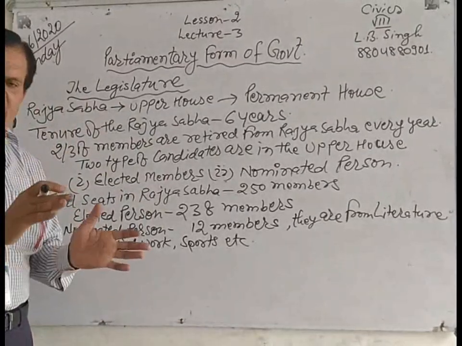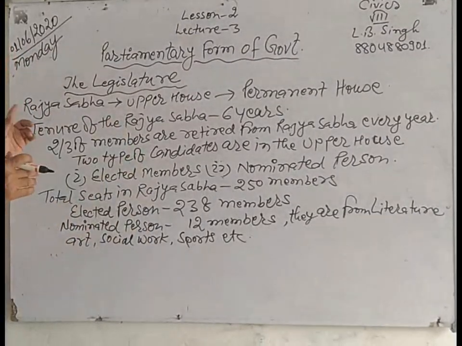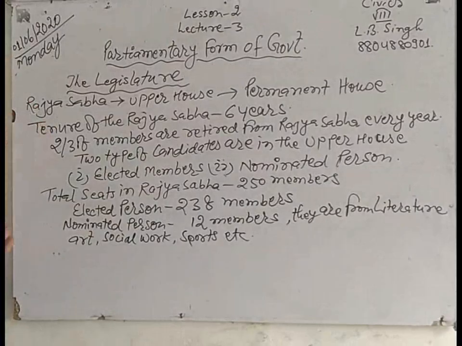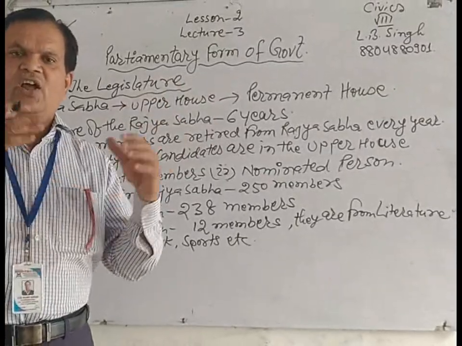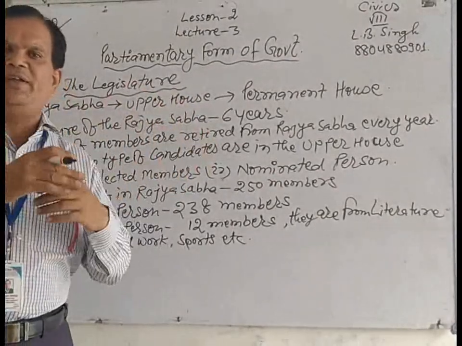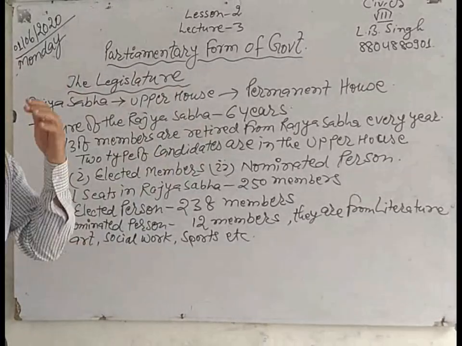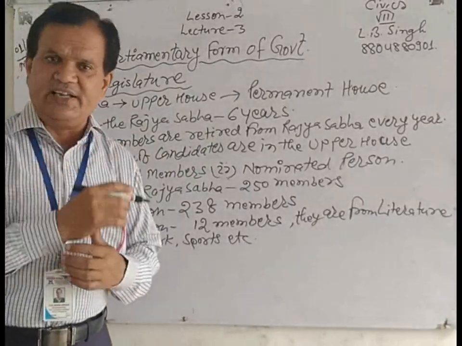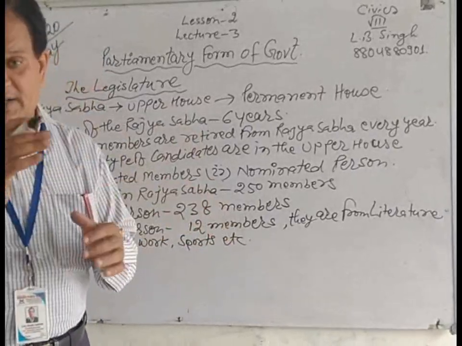So, I have taught you about the legislature, Rajya Sabha and Lok Sabha in details. What is the qualification, what is the importance, and how many members are there in the Lok Sabha. Now, in the next lecture, I will teach you the function of the Parliament.